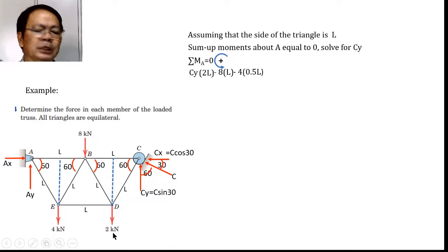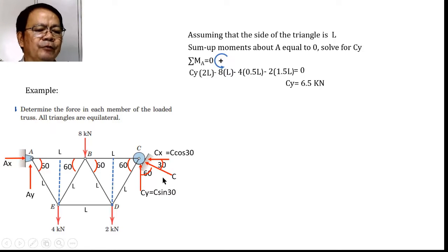The moment will also be clockwise, hence that is also negative, and that is equal to 2 times 1.5 of L, shall be equal to 0. And simplifying, we can solve for C sub y, which is equal to 6.5 kilonewton.